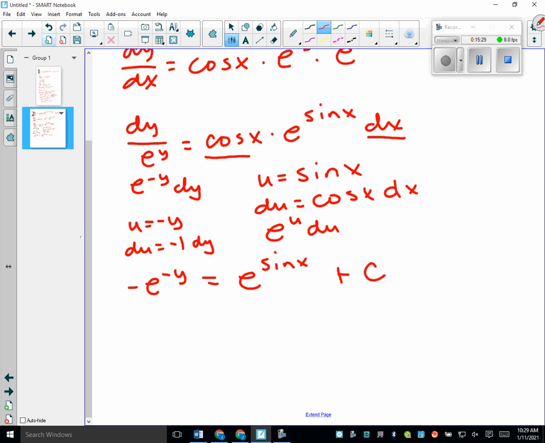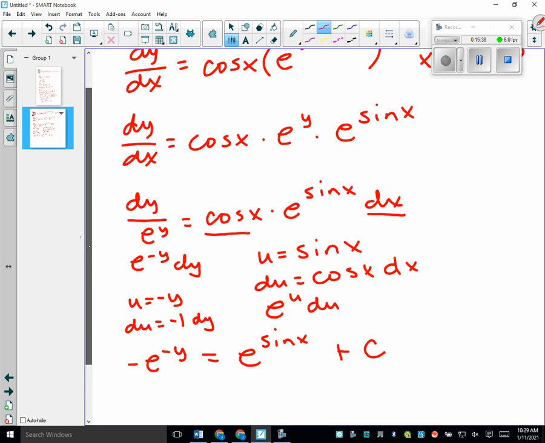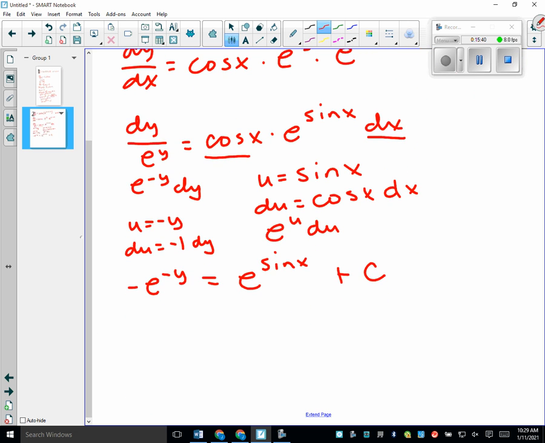What were our numbers again? What did x equal? 0, didn't they? So what's anything to the 0 power? 1. So isn't this negative 1 equals, what's the sine of 0? 0. The sine graph starts with 0.